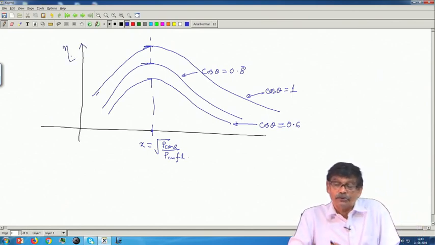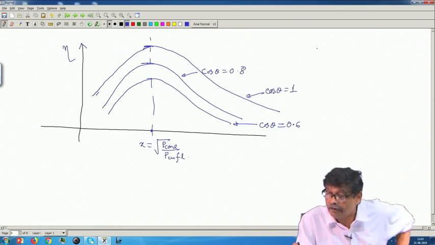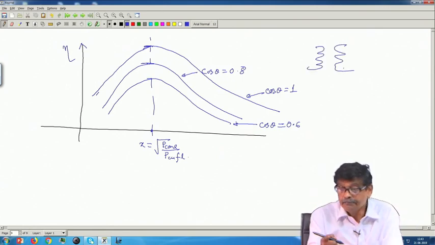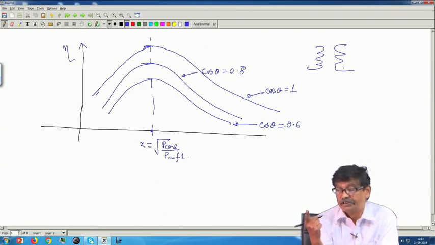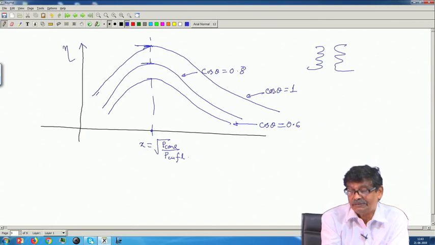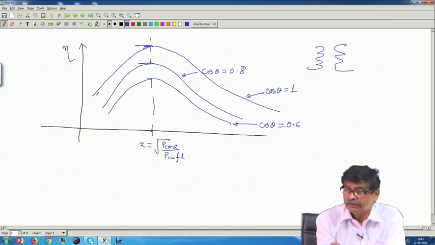Now, we come to know that the transformer will have maximum possible efficiency this much at 0.8 power factor. If that 0.8 is kept fixed, that will give you some maxima.